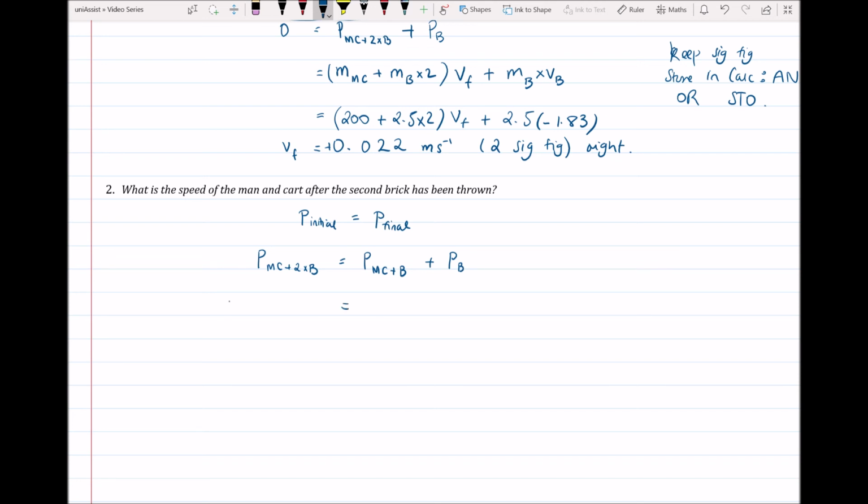So then that's equal to M of the man cart system plus the M of the 2 times bricks multiplied by the VF that we defined above.